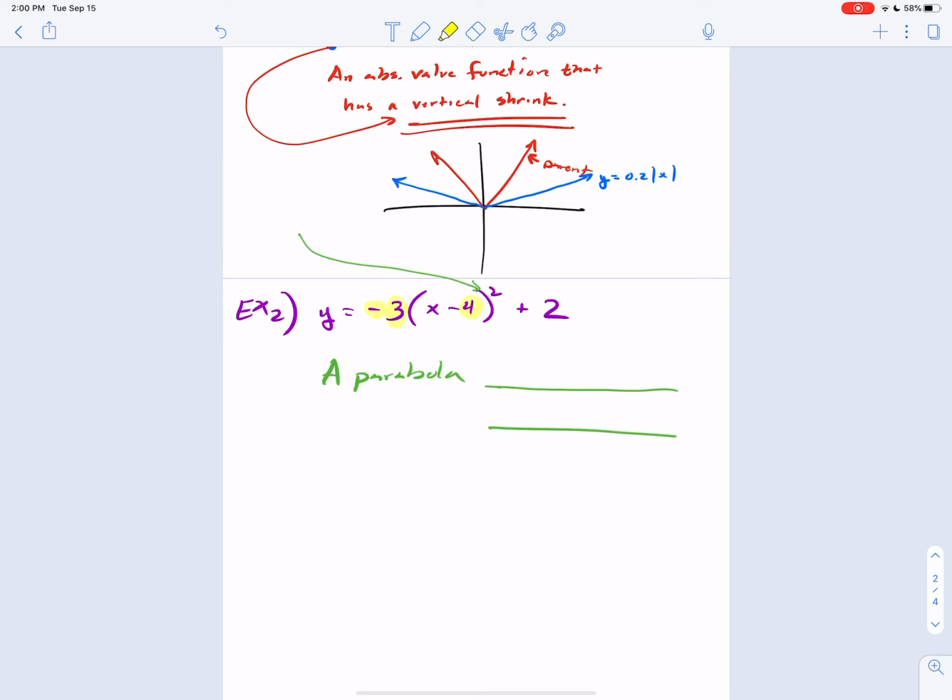And then that 4 tells me what? And that plus 2, whoa, same idea. What do all of these parameters tell me? So I'm going to have you guys fill out the 4 lines here. What are the 4 different types of transformations that you see here? Take your time. It's no rush. Go at your own pace here. Press play whenever you're ready.